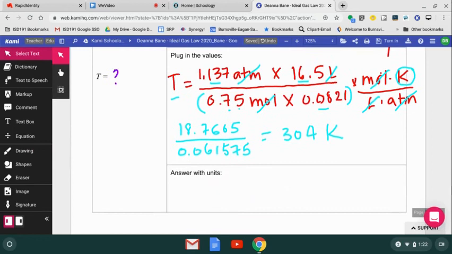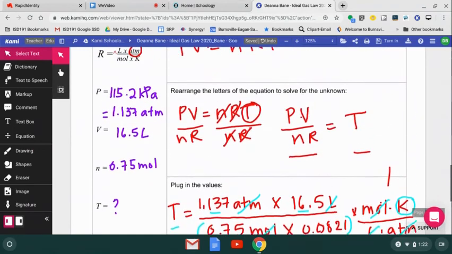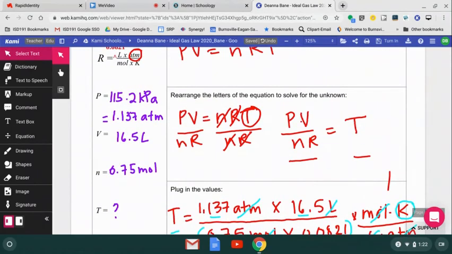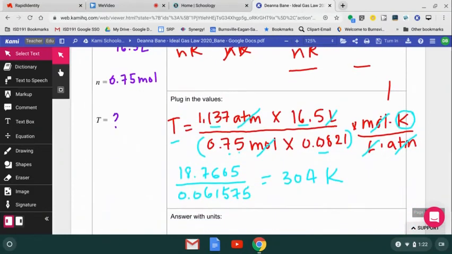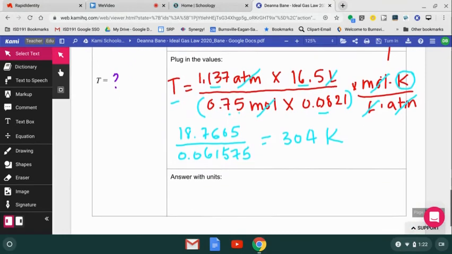All right, so we've got one more thing to talk about, and that is significant figures. As we look back at the significant figures, we see that N only has two significant figures. Volume had 3, pressure had actually 4. And so since we only have two significant figures in our moles, we can only keep 2 in our answer.